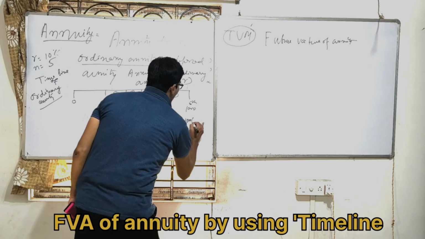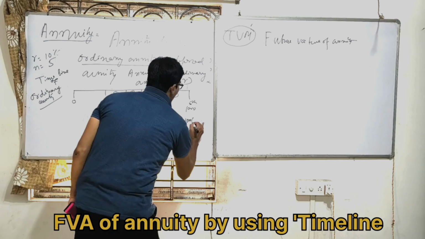For 5 years it was 4, that is 5 minus 1, plus second time it has been 1.1 to the power 5 minus 2. Third one, this is 4, this is 3, third one has been compounded 1.1 to the power 5 minus 3, which is 2.